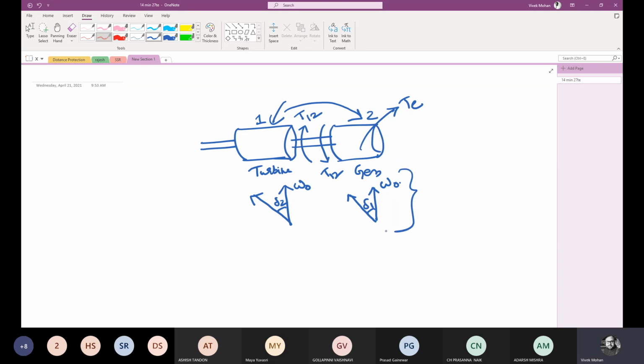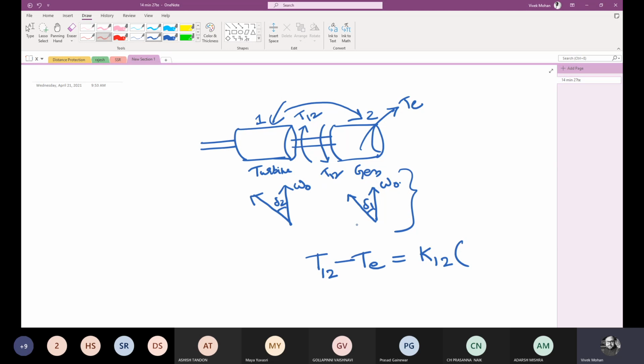Now the accelerating torque acting on the generator can be T12 minus TE, because T12 is basically Tm, the mechanical torque. So the accelerating torque is T12 minus TE, which is equal to the torsional stiffness constant of the shaft, K12, into what are the angles? What is the angular difference here?